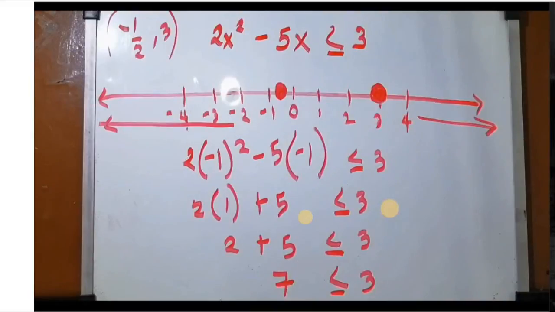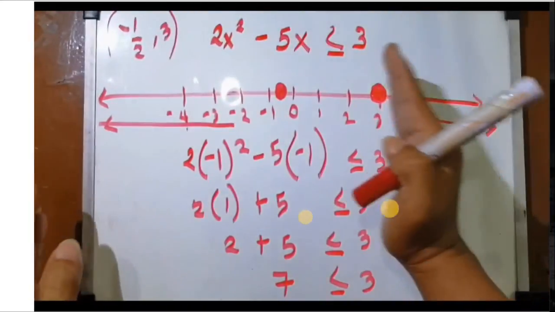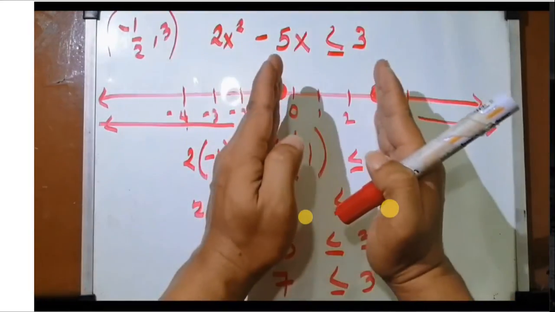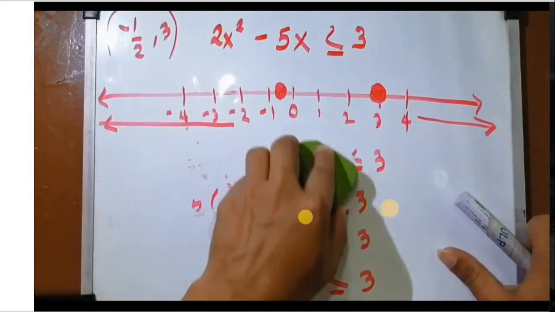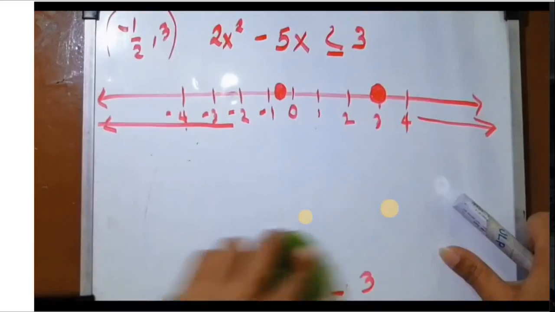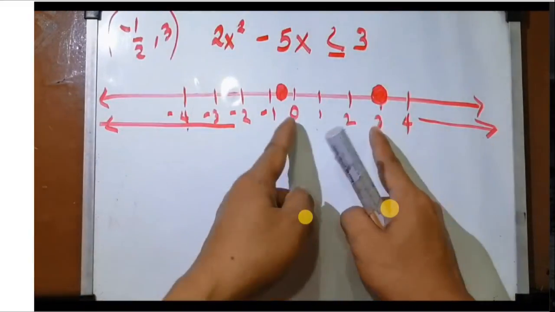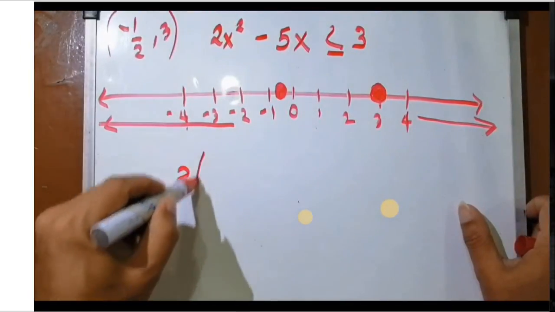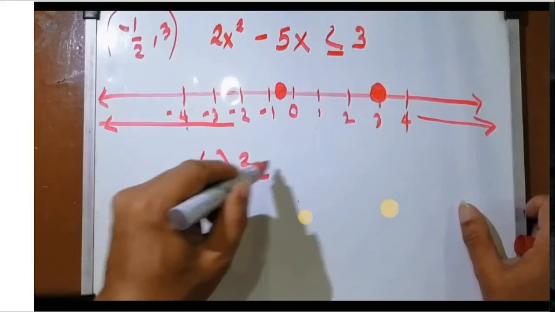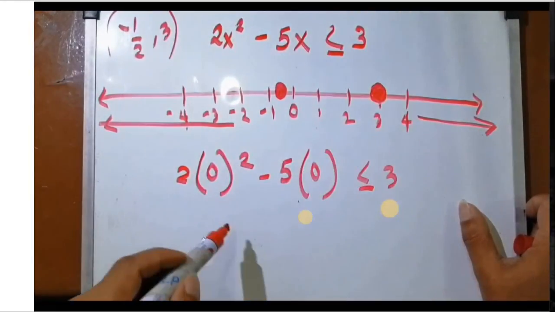Alright? So, ngayon, ang gagawin natin, kuha tayo dun sa loob. Again, meron tayong tatlong region. Negative infinity, then positive infinity, and yung ating middle region, kung saan napapaloob yung ating mga solution. So, test natin yan. Okay? So, si 0 nasa loob naman ng dalawang point natin. So, test natin si 0. So, 2 times 0 squared minus 5 times 0 is less than or equal to 3.